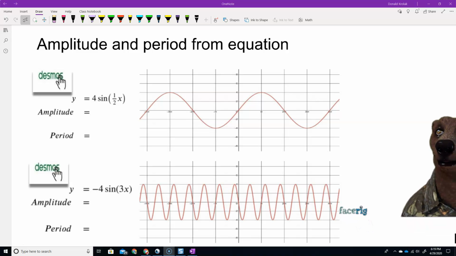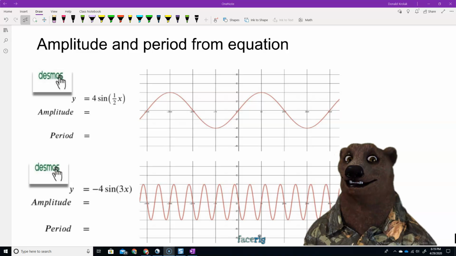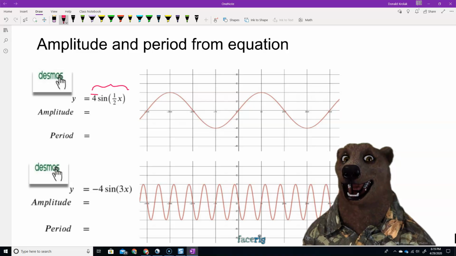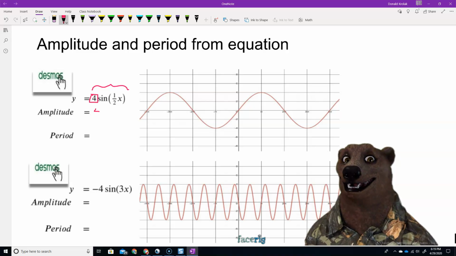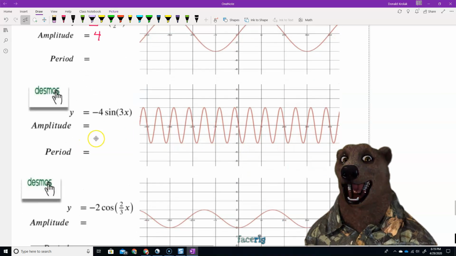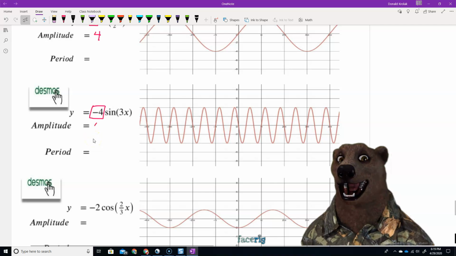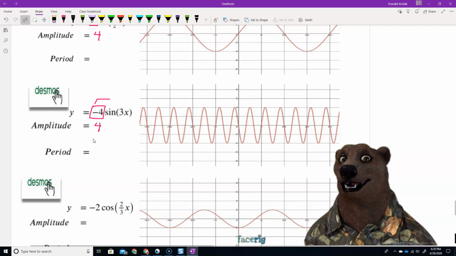All right, folks, just about done here. So this next section, you're given the equation now, and you want to find the amplitude and the period. So this is our amplitude. On all of these problems, remember, amplitude is always positive. All this negative does is it flips it over the x-axis.